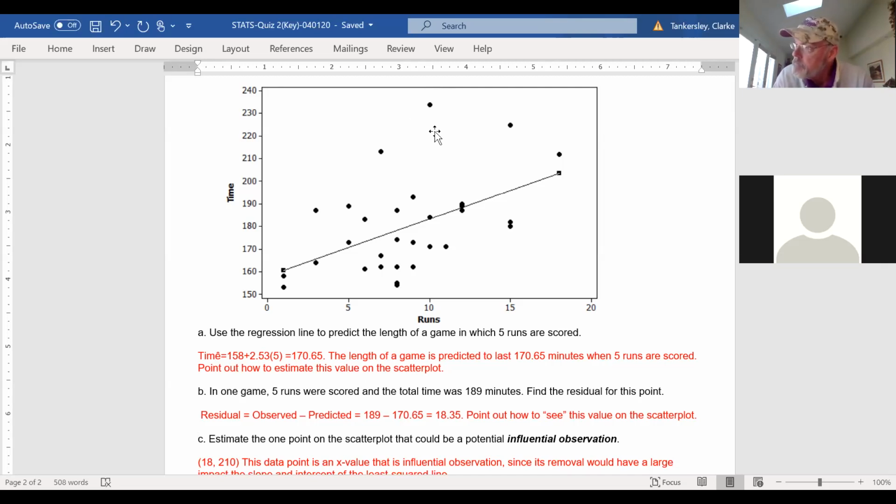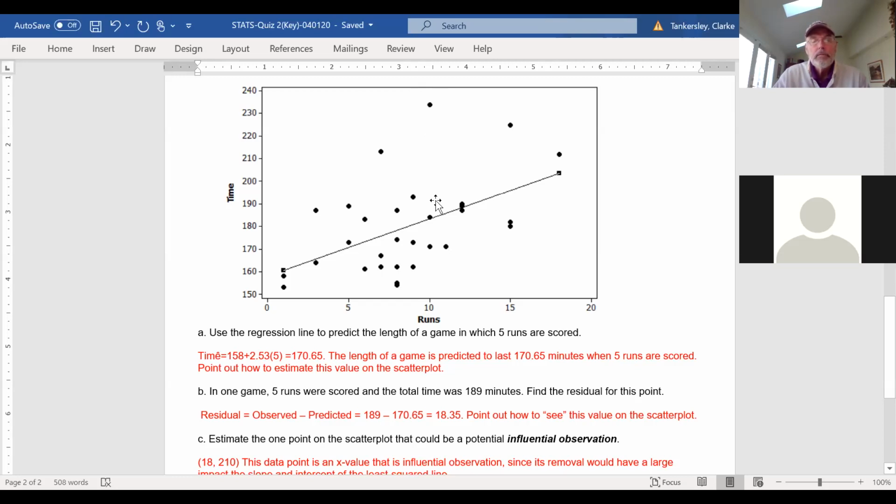Because points with large residuals are usually outliers. So we're really looking at this and saying, boy, that number here has a huge residual. In many ways, what we're doing is looking at the residual and saying, wow, that has got to be some kind of error or something like that.